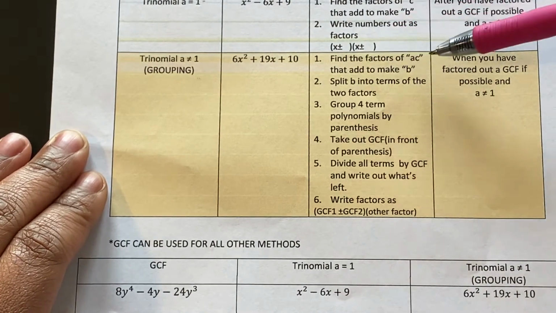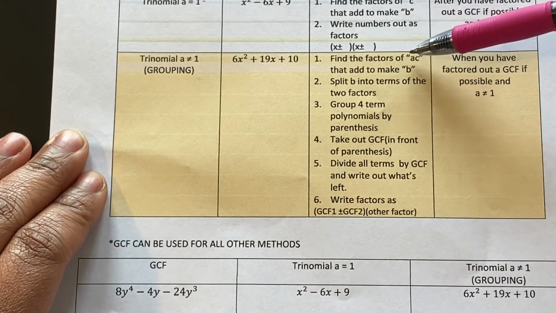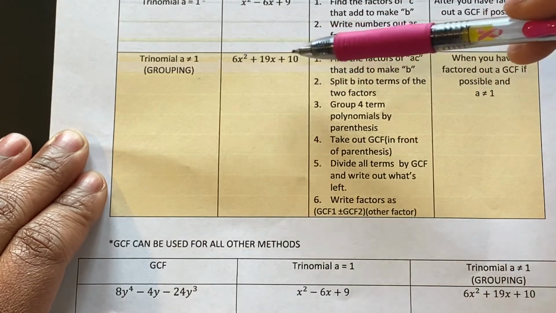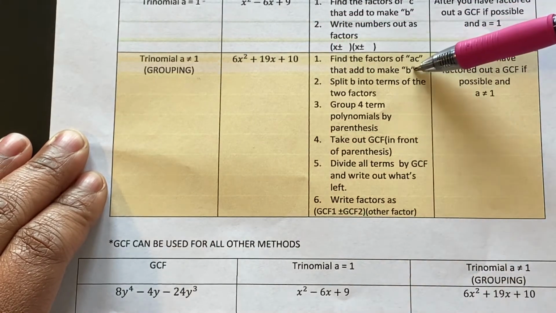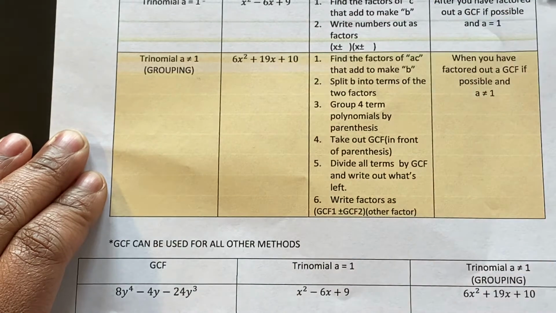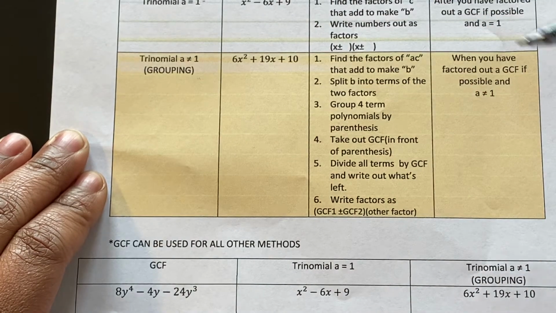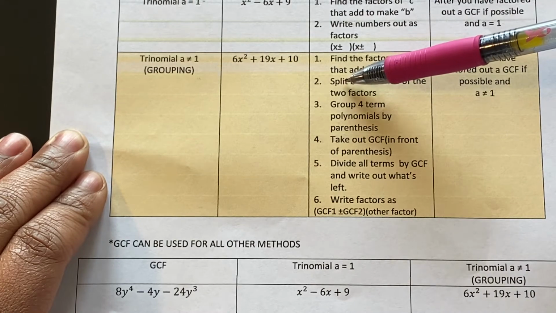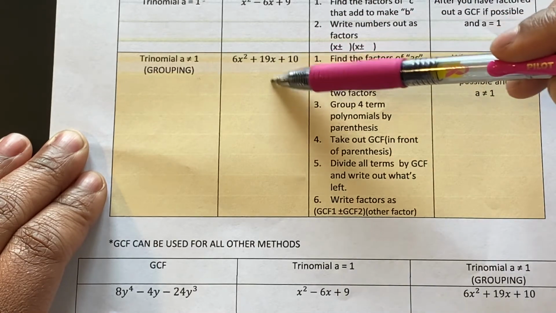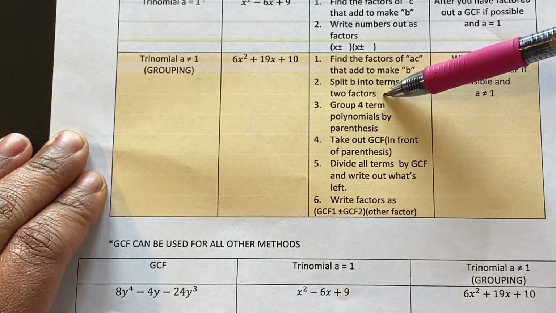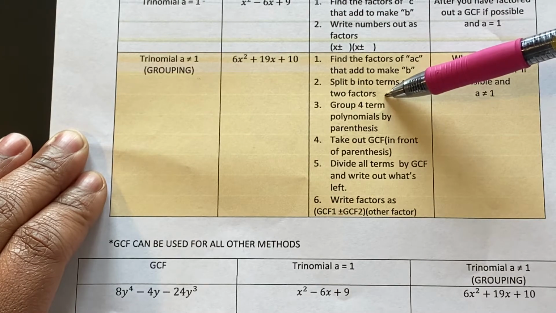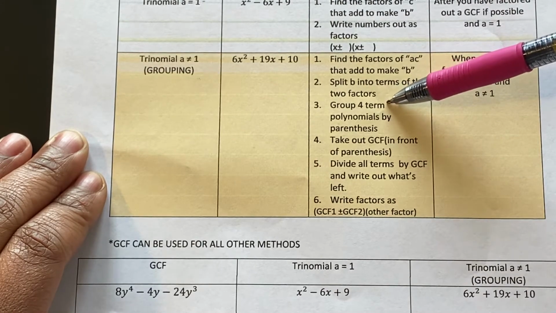Therefore, I must find the factors of A times C, so 6 times 10, that add to make B, which is 19. Once I find those factors that add to make B, I'm going to split B into those two factors, which will give me 4 terms.